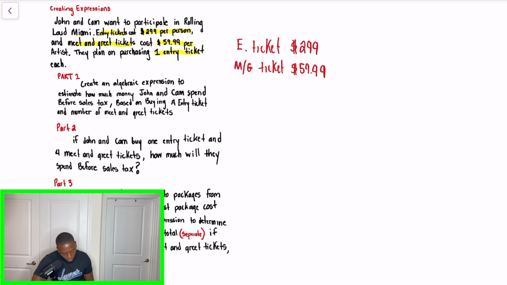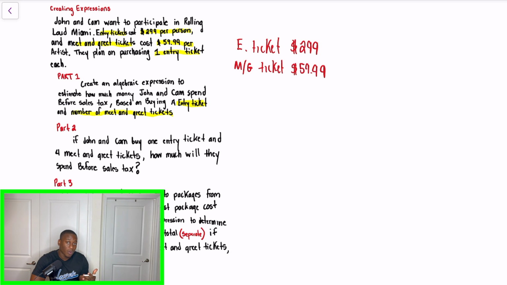Now they're saying, based on buying an entry ticket, that lets us know we're talking about one entry ticket, and we could infer that more than likely they would only buy one each. There's no reason for them to buy more than one. And then it says a number of meet and greet tickets, which lets us know they could choose more than one.